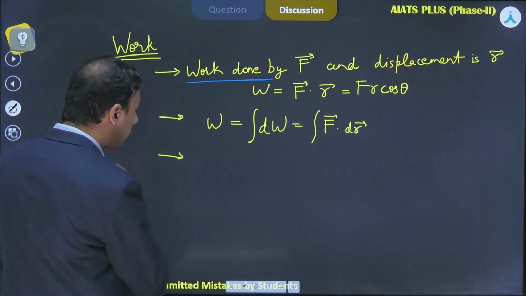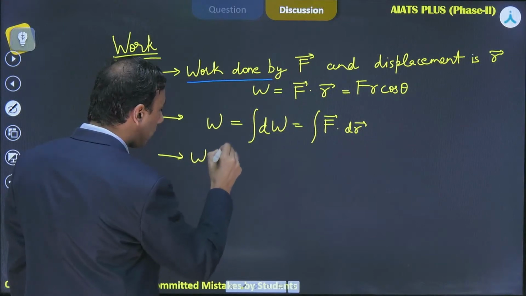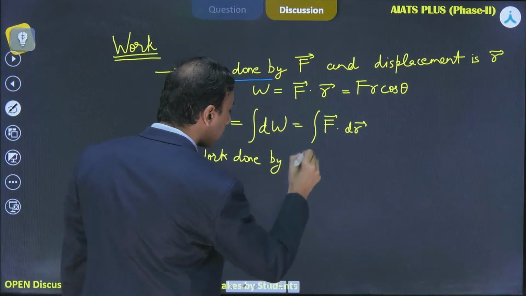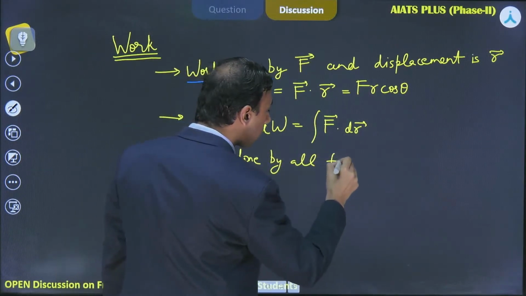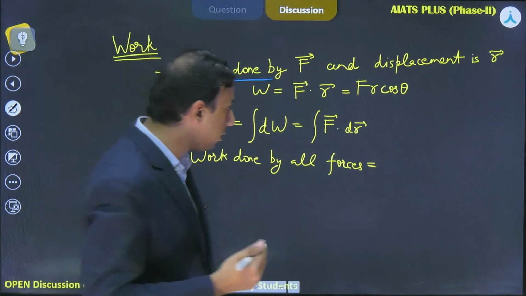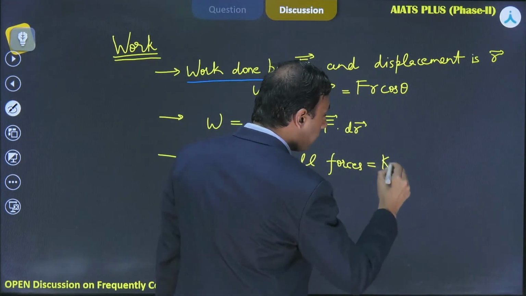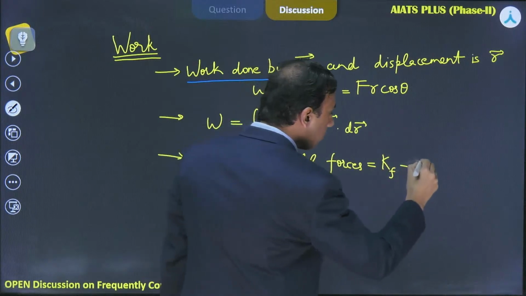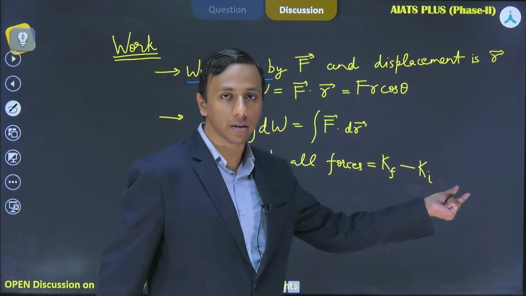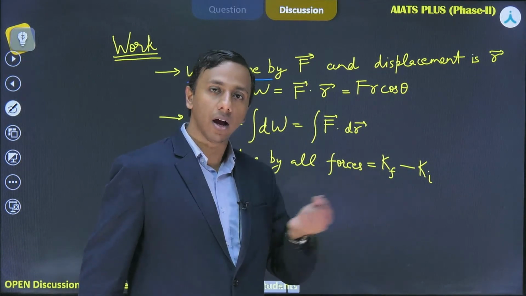And then we had also discussed, right, that work done by all forces is equal to change in kinetic energy, right? So kinetic energy, I am denoting it by the symbol K. So change in kinetic energy, which means final kinetic energy minus initial. And what's the formula for kinetic energy? Half m v square, okay?